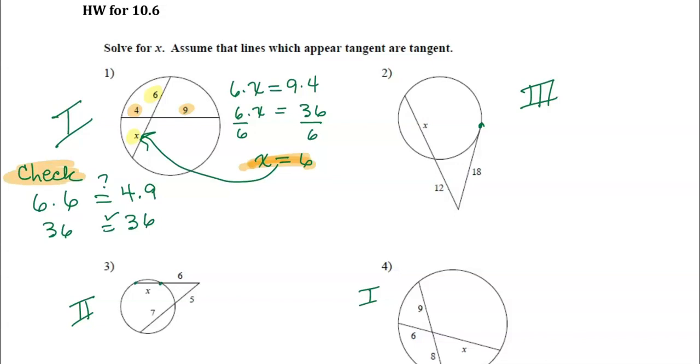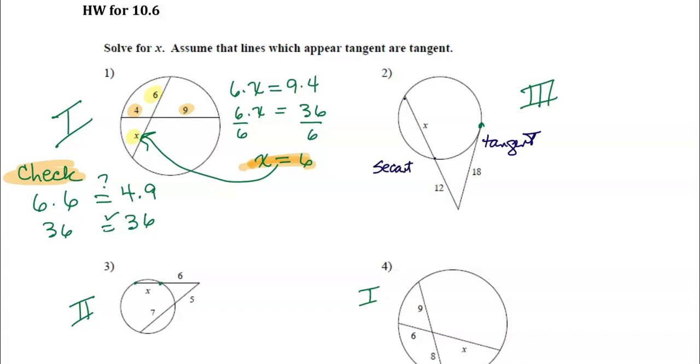So in the next problem, what we see is that we have a tangent. So this line is a tangent, and this other line that hits the circle twice is a secant.